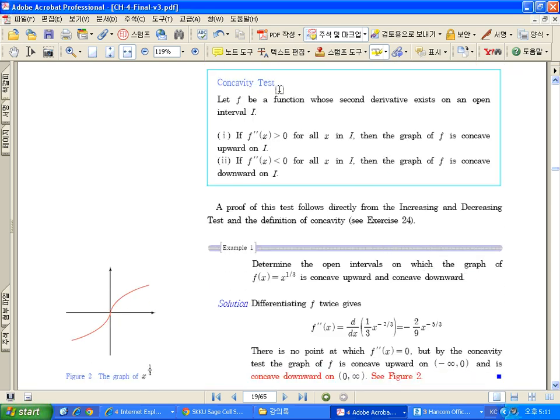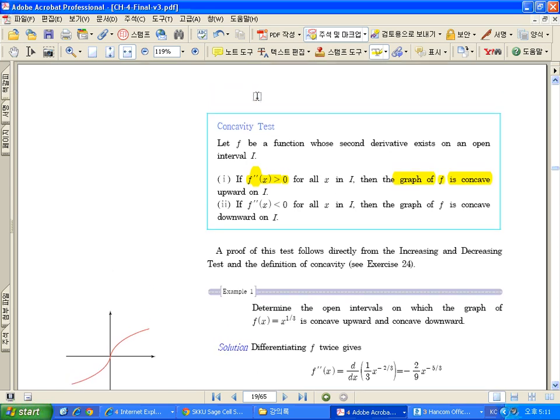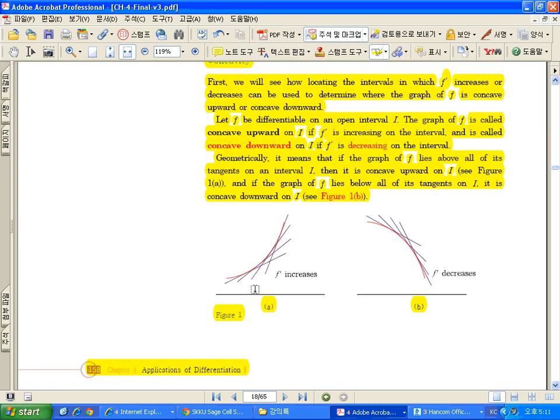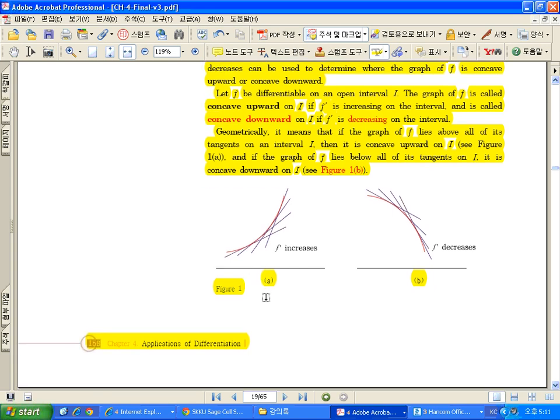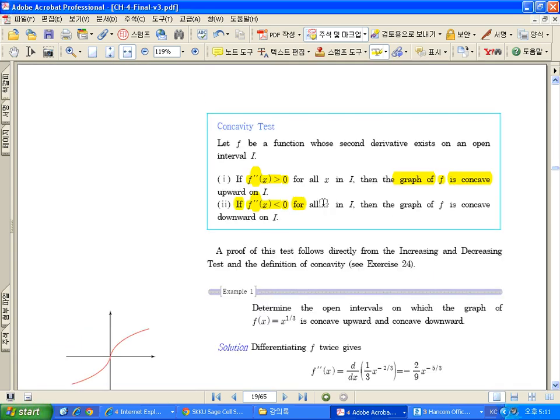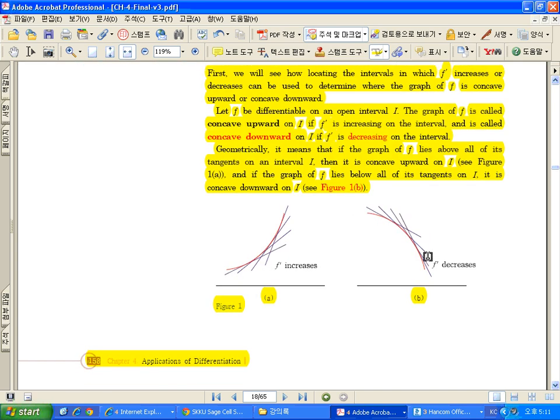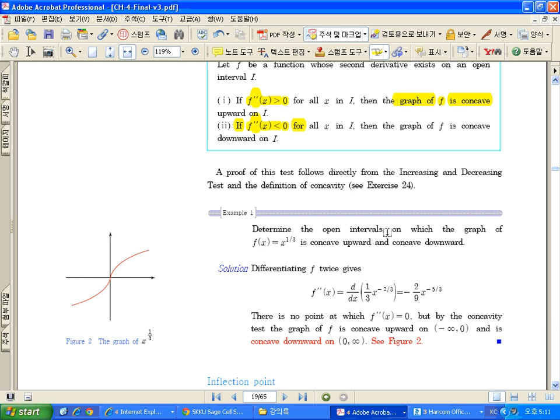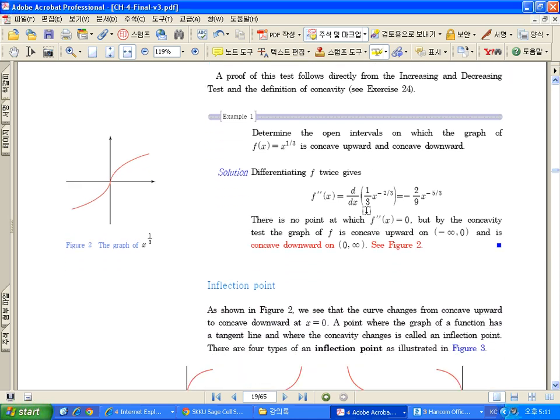Okay, and the concavity test says if f double prime of x is positive for all x in the interval I, then the graph is concave upward, like what you saw in the example, figure 1a. And if f double prime of x is negative for all x, then the graph of f is concave downward like this.